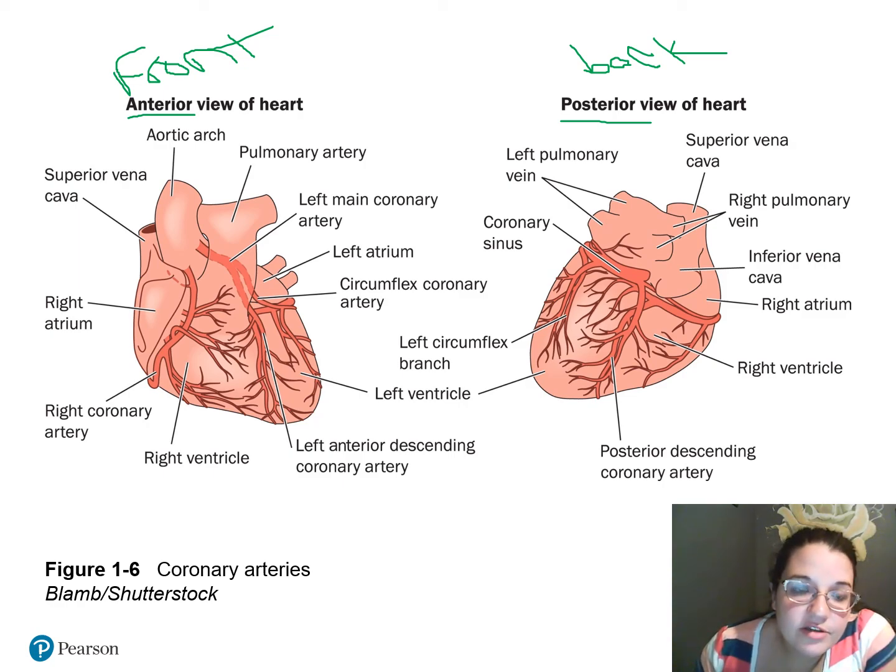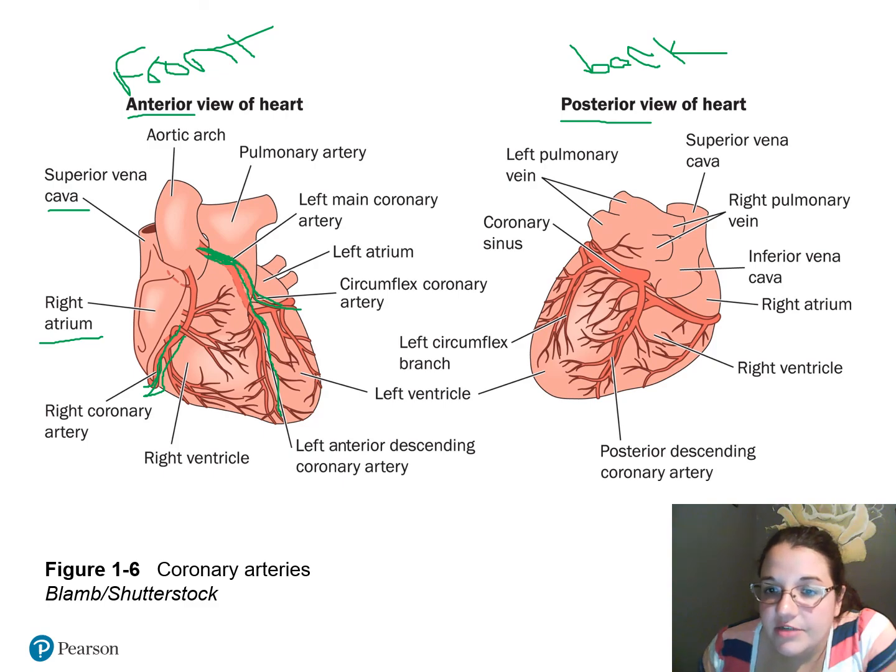Here you notice your superior vena cava, your right atrium, and then here is your right coronary artery, right ventricle, your left anterior descending coronary artery, and your circumflex. So here are your two branches. Here's your left main coronary artery, which branches off into your LAD and your circumflex, and then you have your right coronary artery.